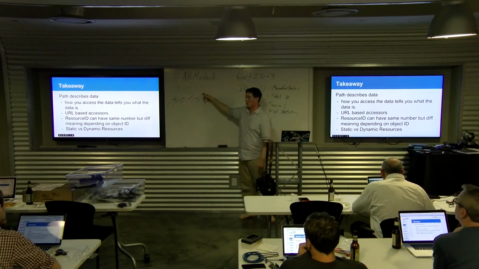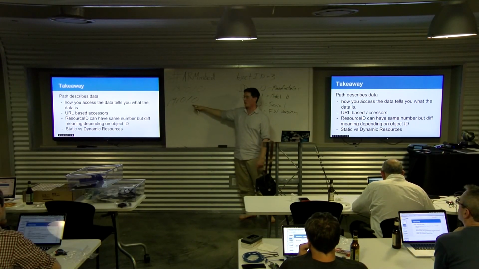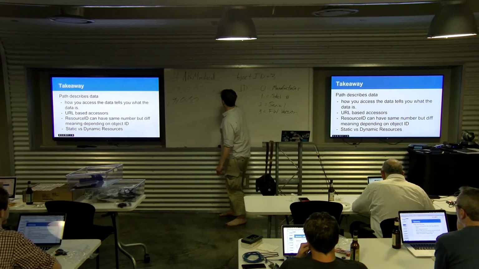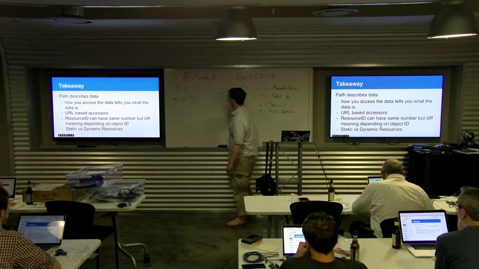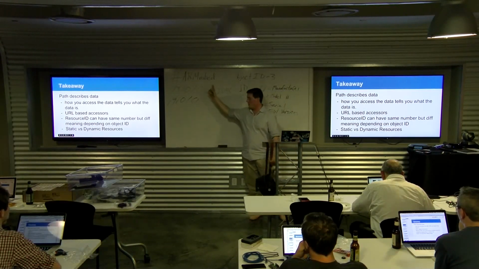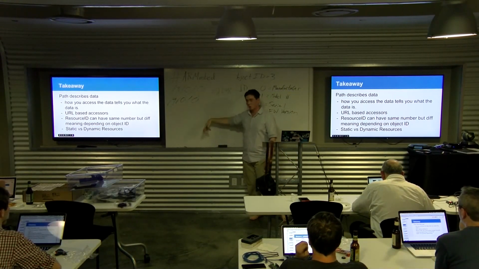This resource ID in this context does not have to mean the same thing as this one. And it's because each of those object IDs redefine what the resource IDs do when less than 2048. When you get above that, the 5700 all of a sudden is reusable between them. Cool?